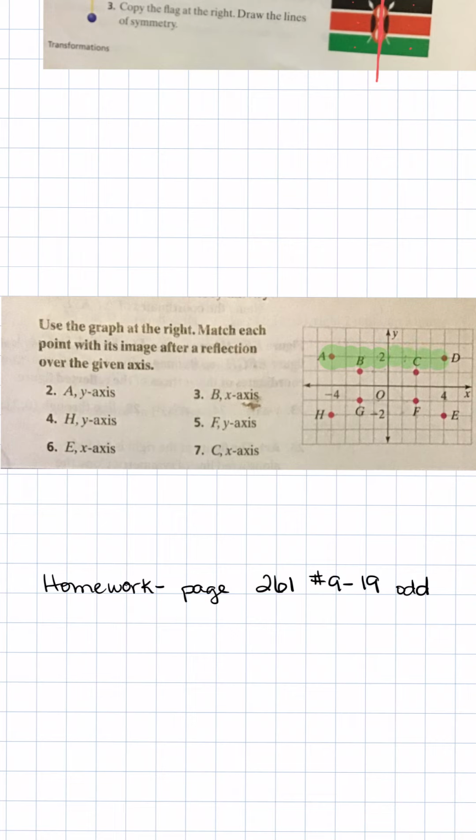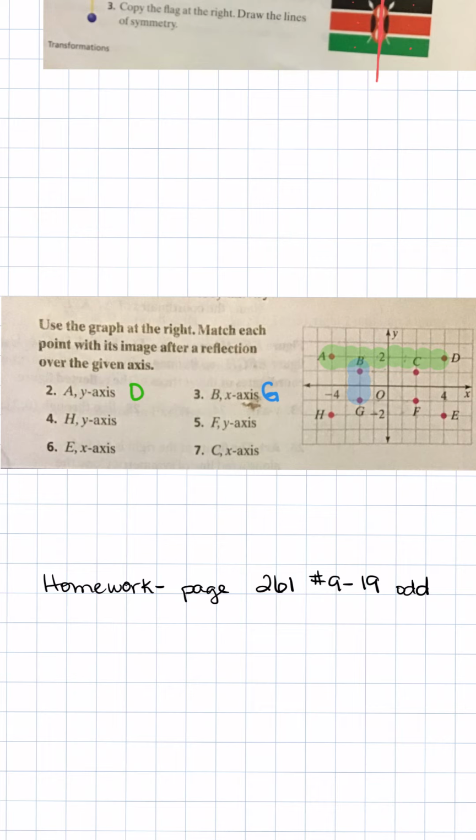That means that it is matched up with D. Next is B, oh, I should have gone to B. B and the x-axis. So here's B, and it's 1 spot away from the x-axis. Therefore G is its reflection.